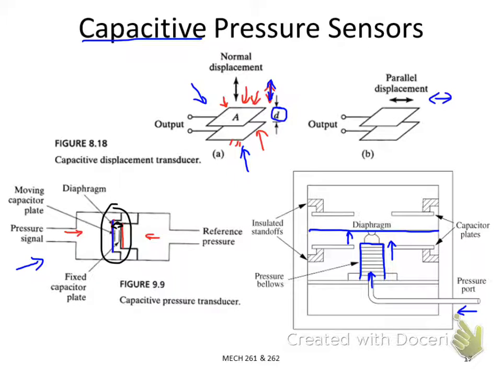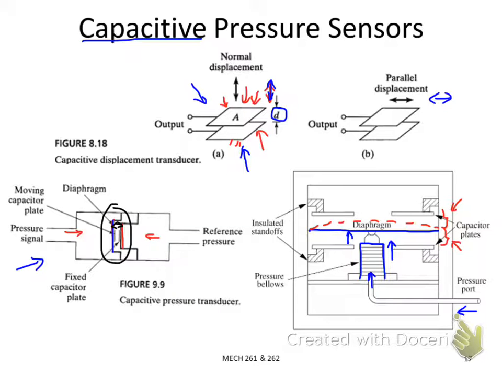If you look at the capacitors, you have one pair of capacitor plates on the top side, and on the bottom side you have another pair of plates to form another capacitor. Once this diaphragm deforms upward, let's say this is your deformed diaphragm, the gap on the top will decrease overall, and the gap on the bottom will increase.